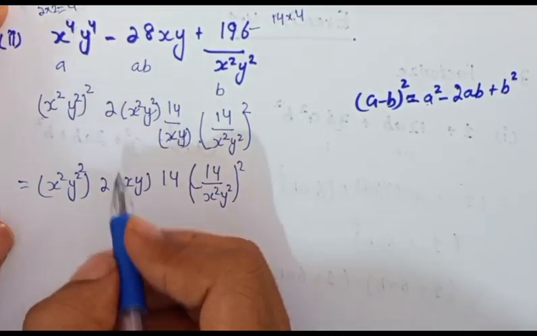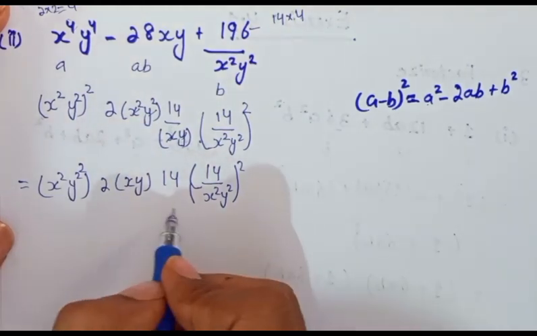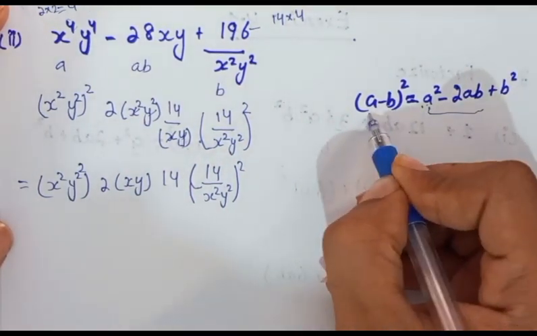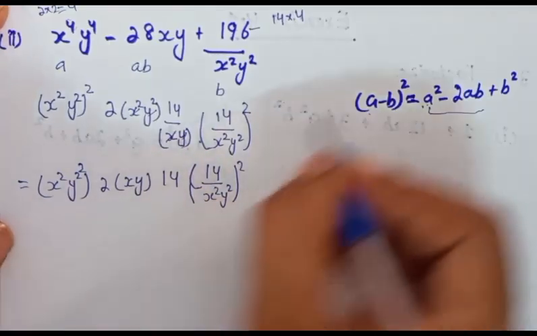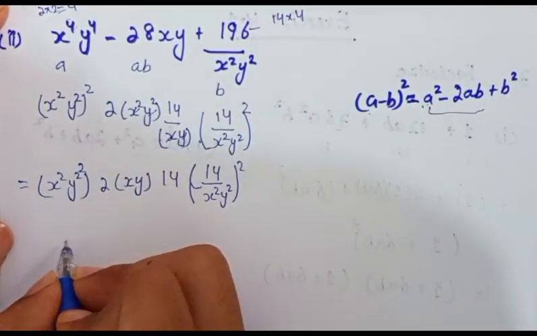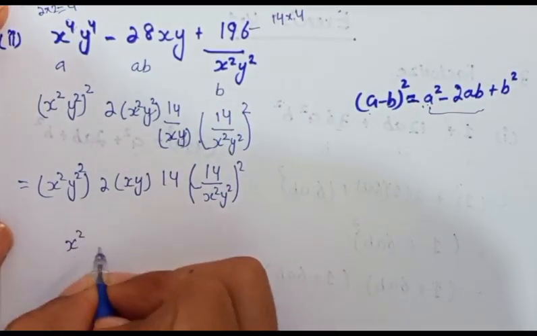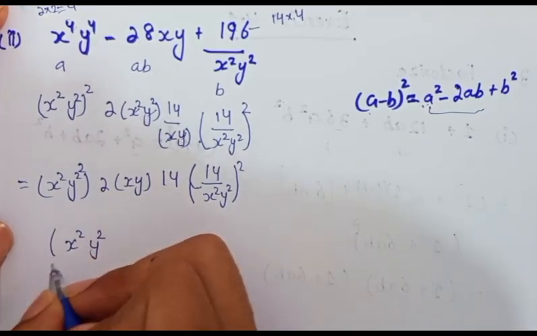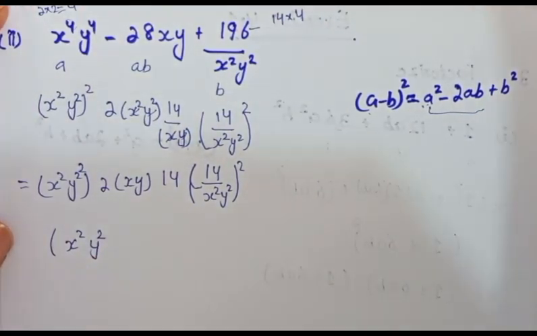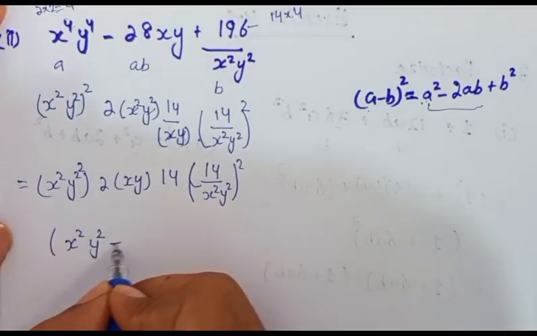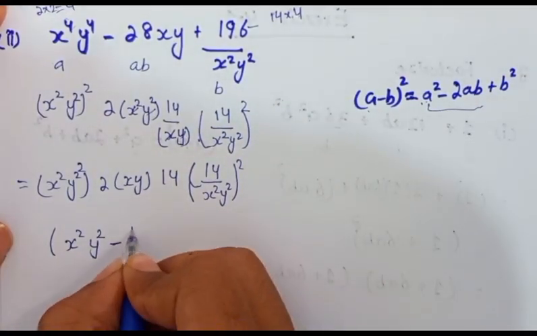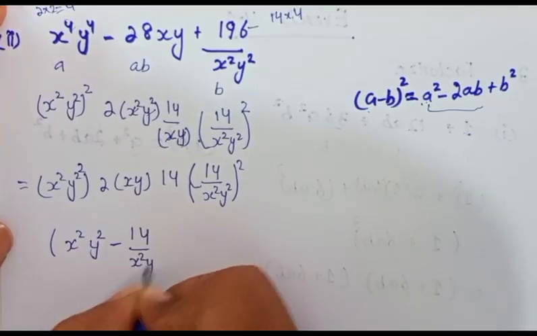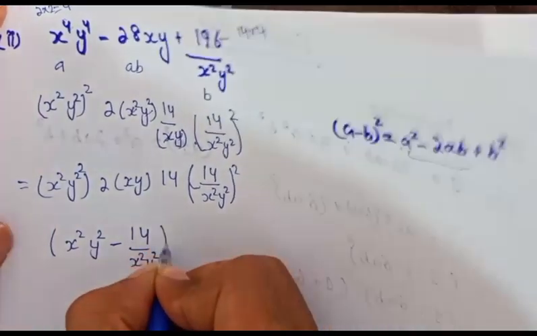So this is the expanded form, so I'll make it shorter. How will I make it? So what is my a? My a is x square y square. So minus, what is my b? So b is 14 over x square y square, all square.